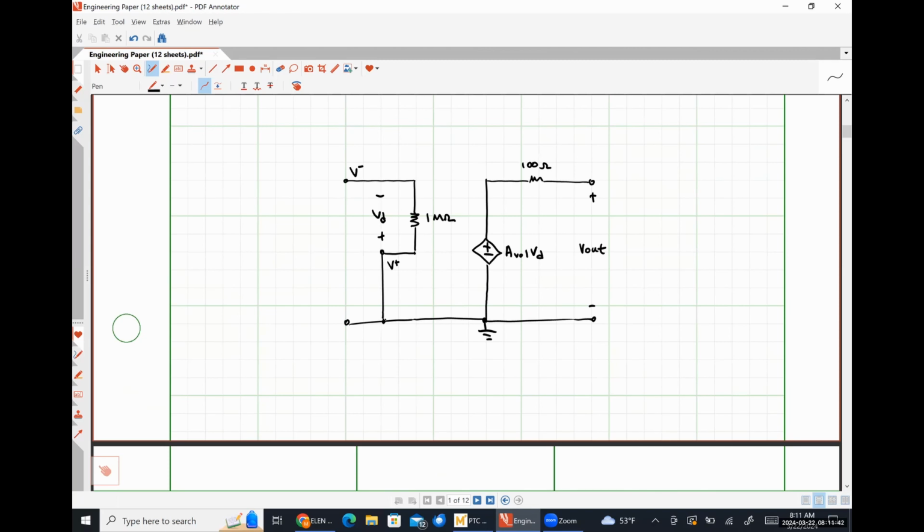I have that 5 kilo ohm resistor in series with my 1 volt source, so let's do that over here.